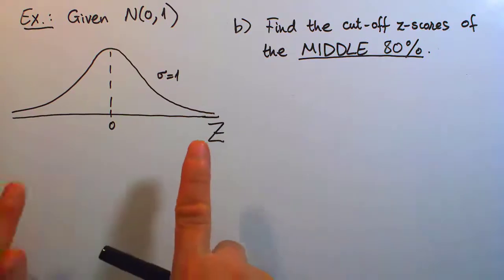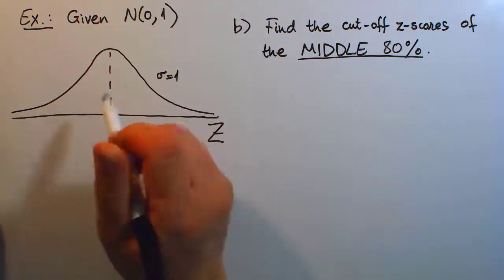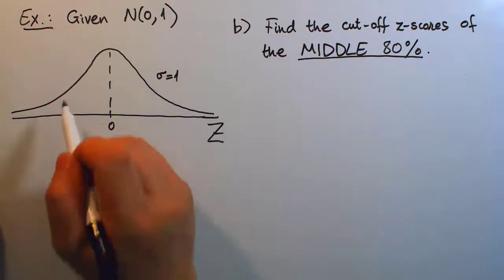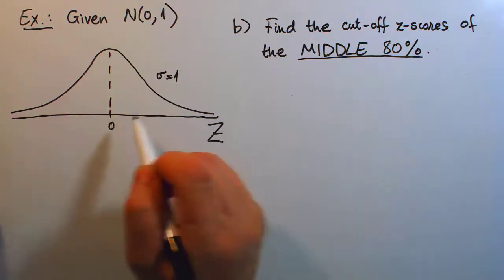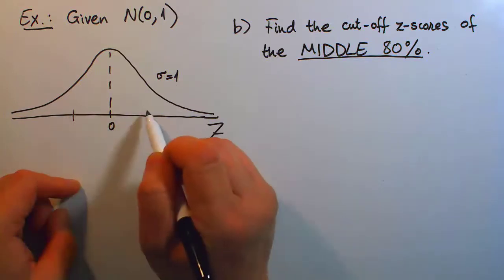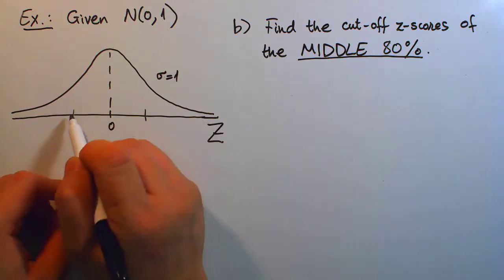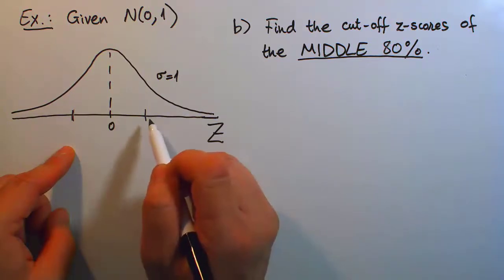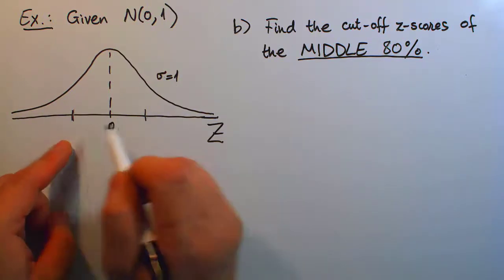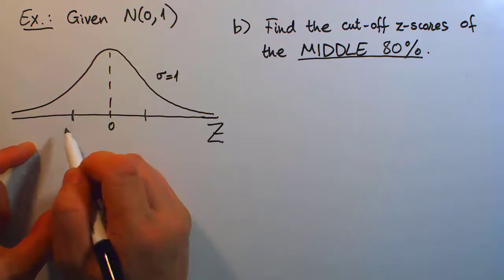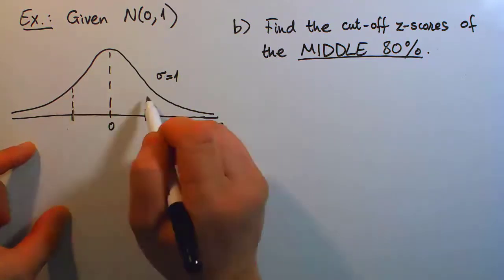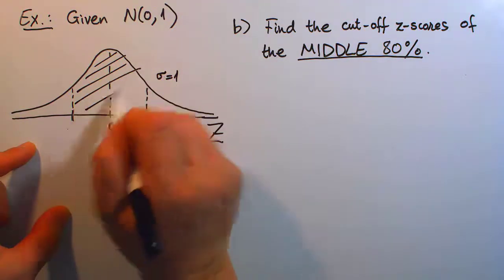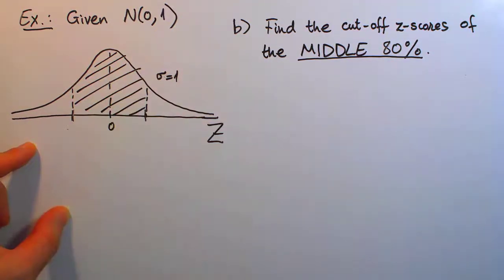So think about the graphical explanation of this middle 80% on this bell curve. Middle means we just put down two z-scores that are symmetric from each other, at equal distance from the center. And from where they are, they create an area located exactly in the middle. That's what the middle 80% is all about.